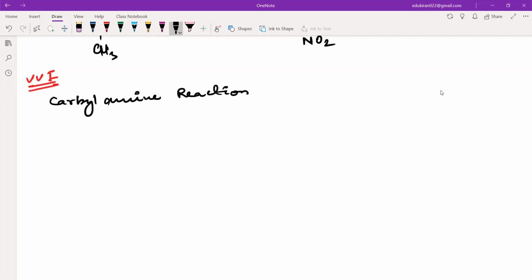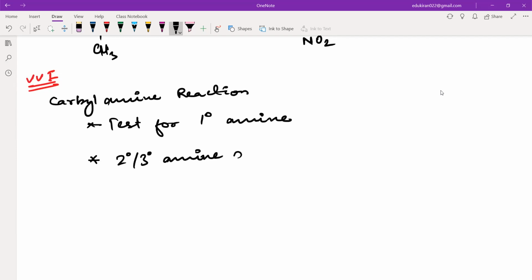Now, in the Carbylamine reaction, what it is first of all, you have to remember this is a test for 1 degree amine. यानी कि whatever reagent that I'm going to use here, it will not react with 2 degree or 3 degree. ठीक है, first thing is that it gives test for 1 degree, यानी सिर्फ 1 degree will react. 2 degree and 3 degree amines don't react.